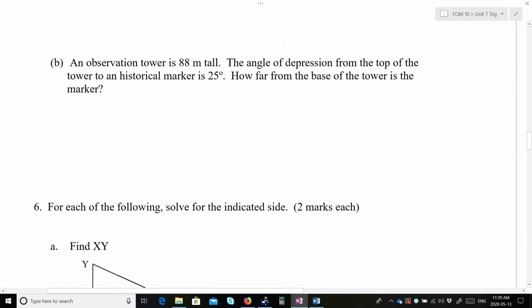Okay, letter B. An observation tower is 88 meters tall. The angle of depression from the top of the tower to a historical marker is 25 degrees.